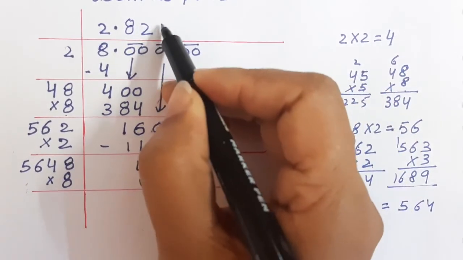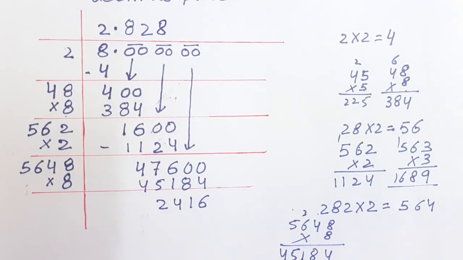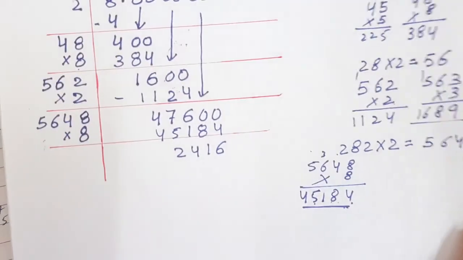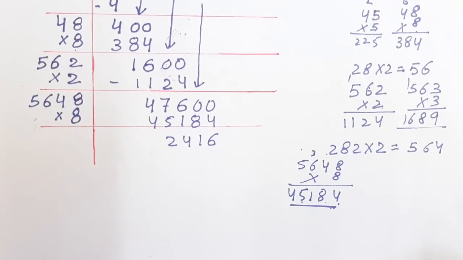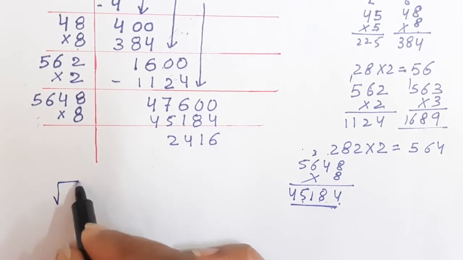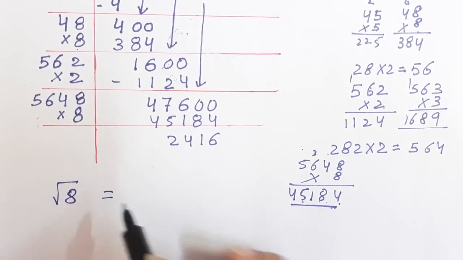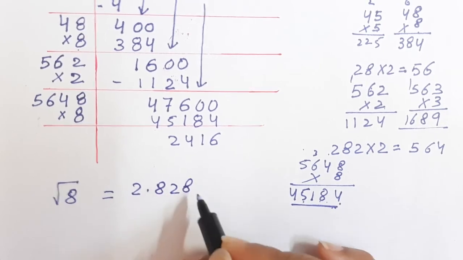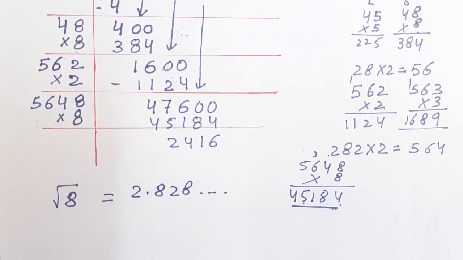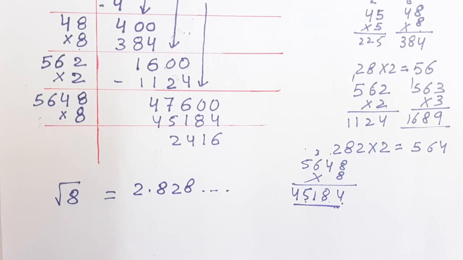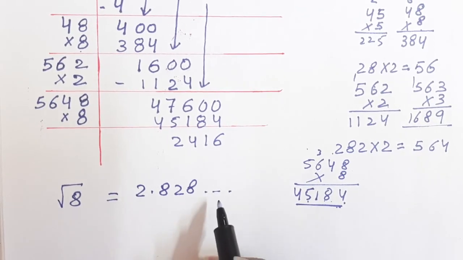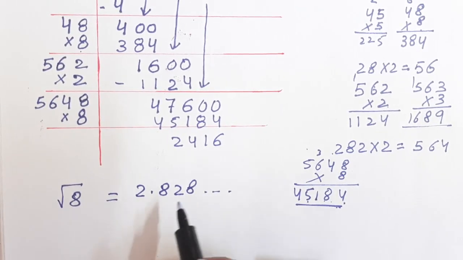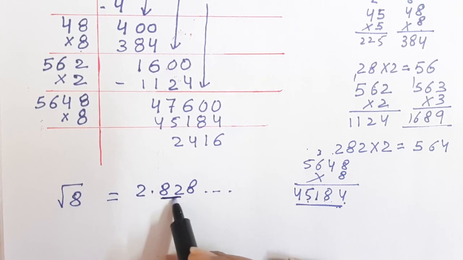Now since we have taken 8 here, therefore the square root of 8, now this is very important how to write this, that is the square root of 8 is 2.828 and more digits also, right? Because it is not a perfect square. So as per the question, we need only 2 digits after decimal.